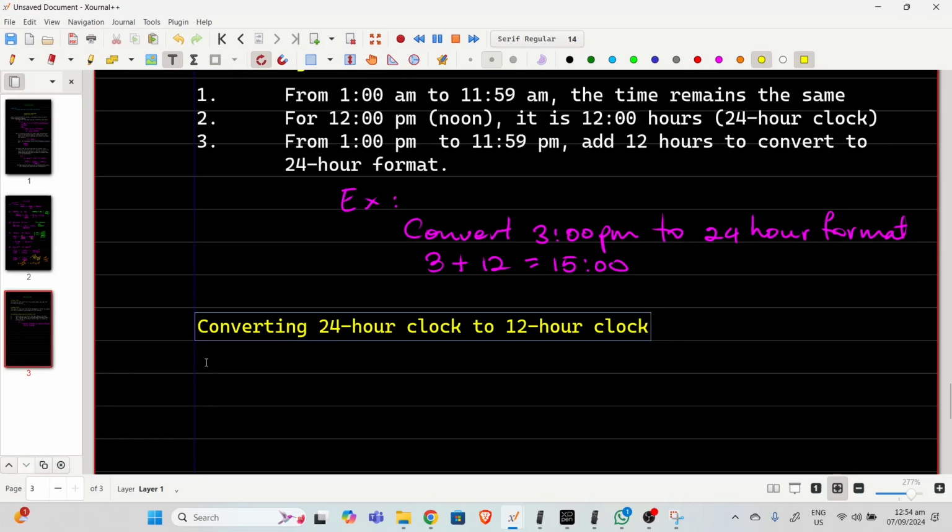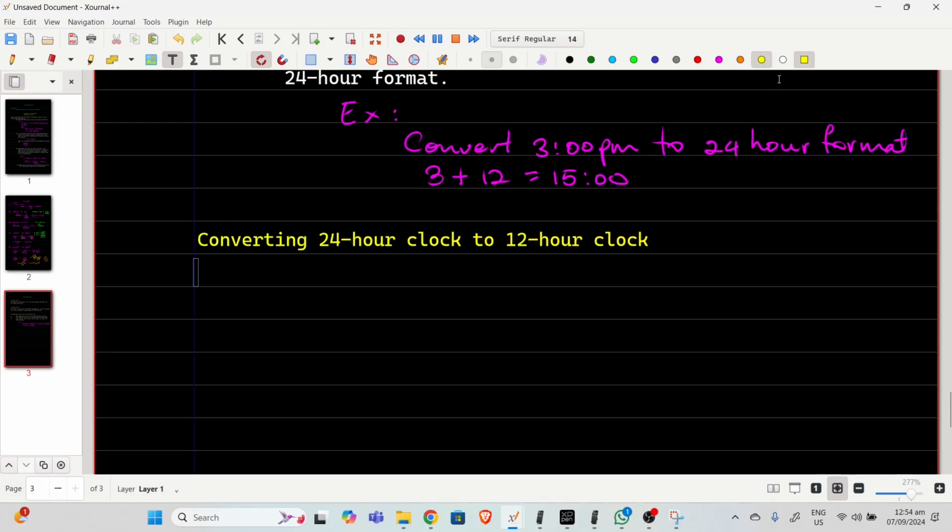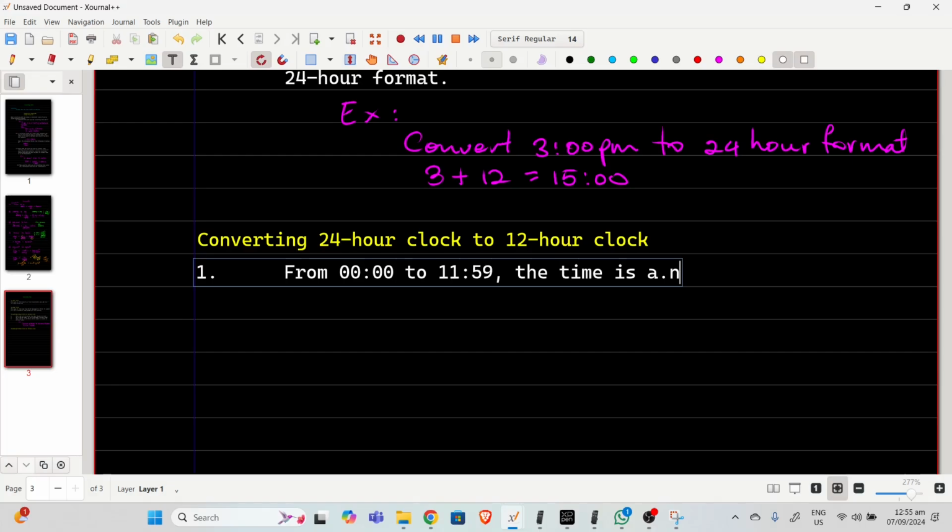And let's do that. So from 00:00 to 11:59, the time is AM, right?